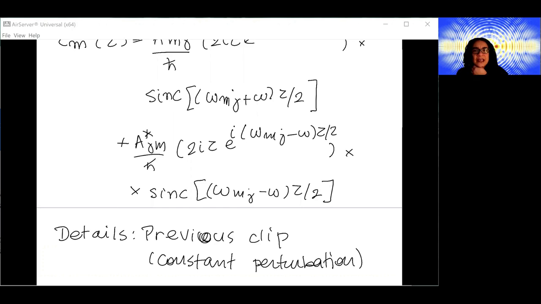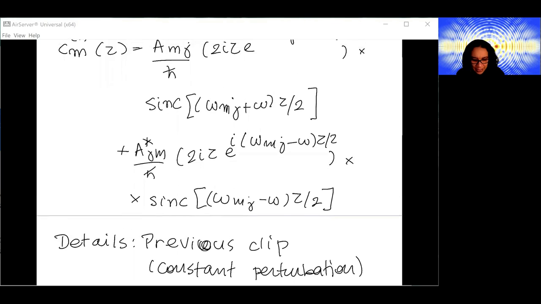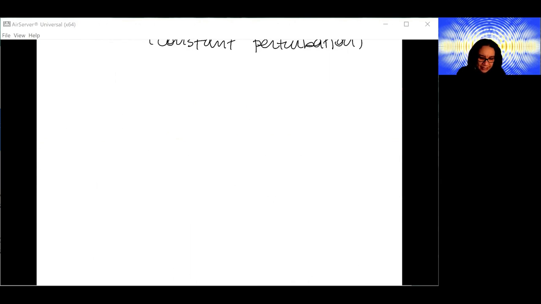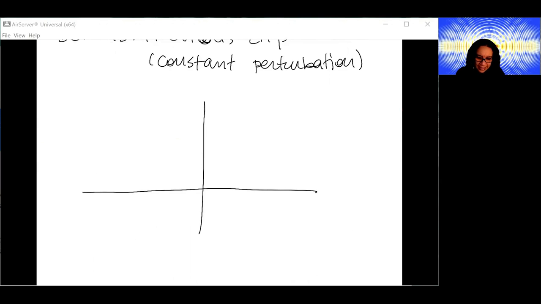I do recommend it, but one thing that you can see is that we have once more sinc functions. If you remember, sinc functions look like this. They're highly peaked. They have some kind of width.